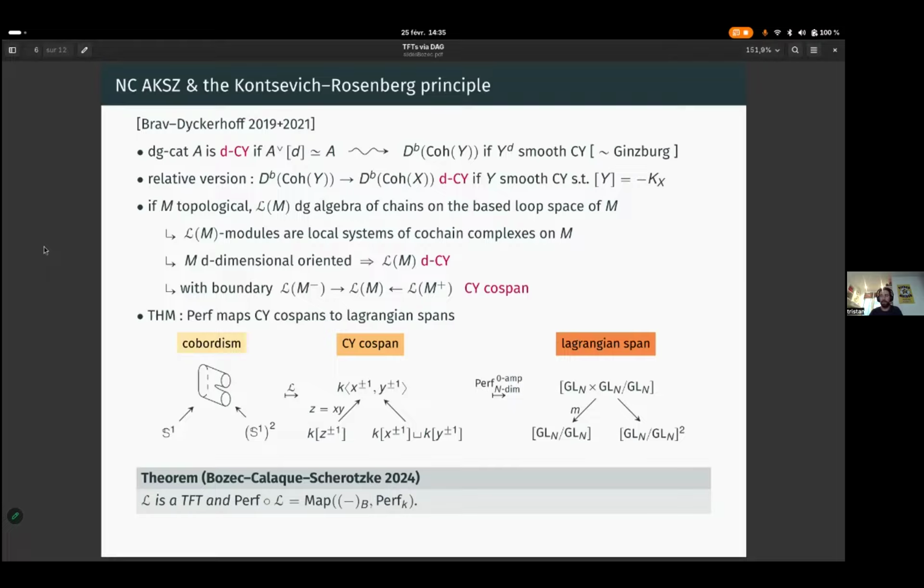So that's really a DG variant of Poincaré duality. They call it Poincaré pairs actually. And we get again, very nice, not only a Calabi-Yau morphism, but a Calabi-Yau cospan when two pieces of the boundary are prescribed.